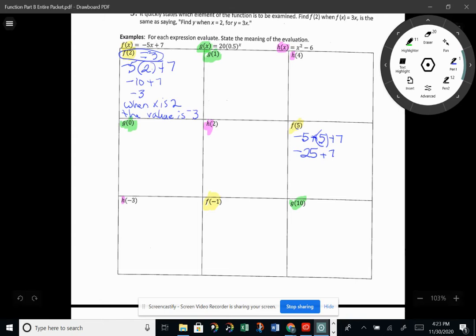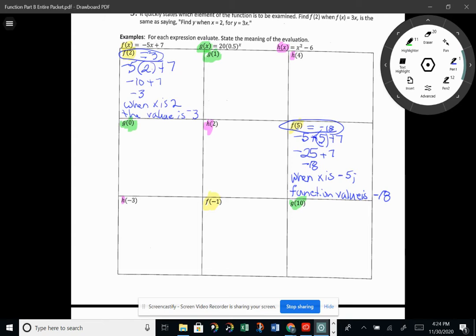Go ahead and use your calculator, that's perfectly fine. -25 plus 7 ends up giving me -18. So this says when x is 5, the function's value is -18, and that's my answer right there.